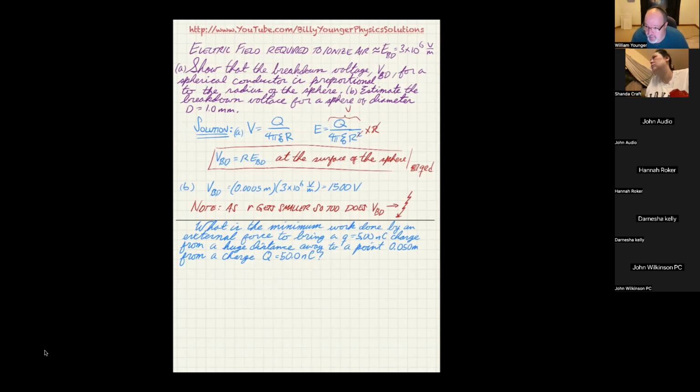That was derived by calculating the negative integral of E dot dl for a constant electric field. So when we're talking about bringing a 5 nanocoulomb charge in from a huge distance away, which we'll all read as infinity, what we see is that this charge Q, 50 nanocoulombs, is creating an actual electric field, and that electric field is not uniform. It's going to change. So in general, what you'd have to do is integrate that.